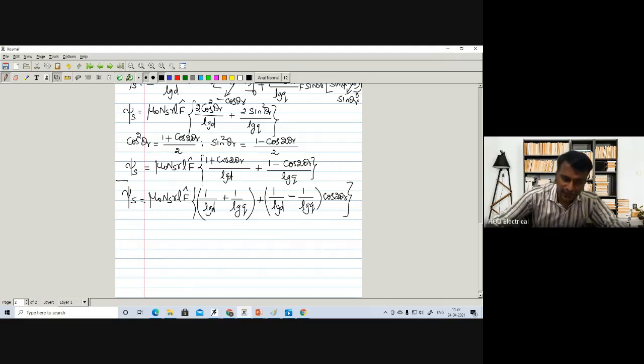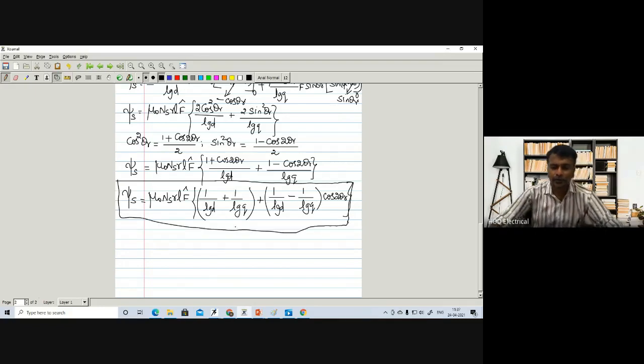So this is the derivation of magnetic flux density, magnetic flux linkage in the stator due to the supply, when we excite the stator and the rotor is not excited. In order to find the self inductance of the stator, we have to derive this equation of flux linkage.